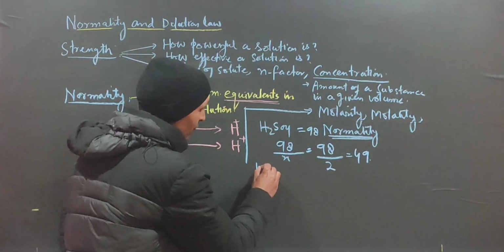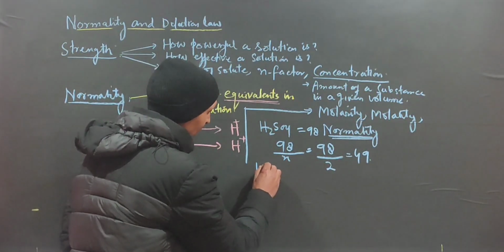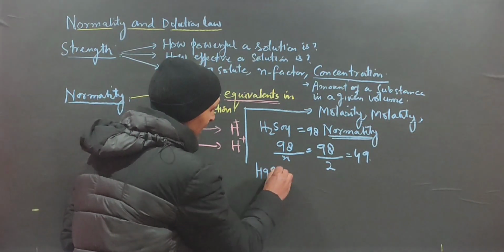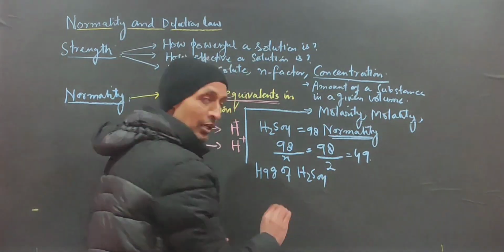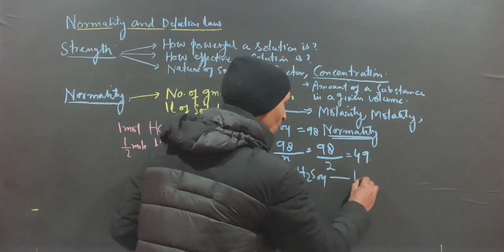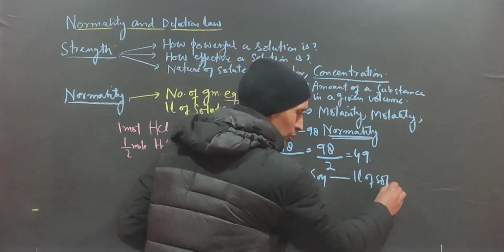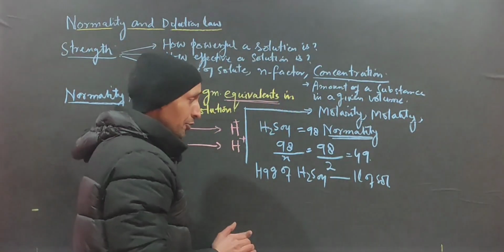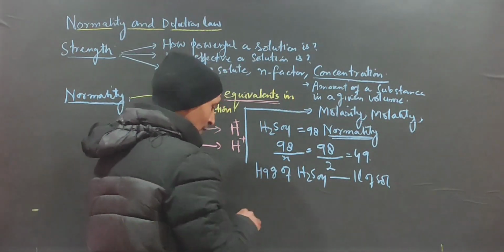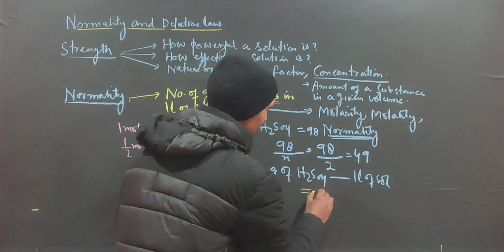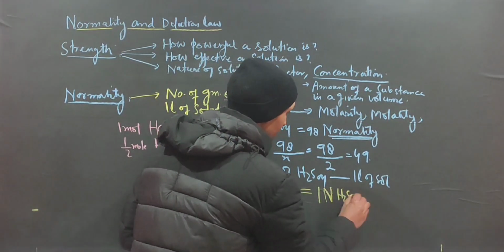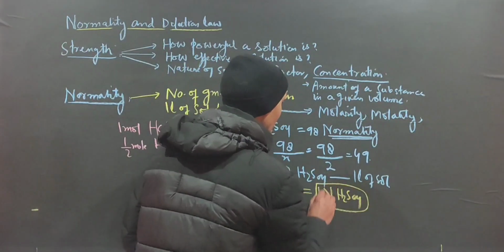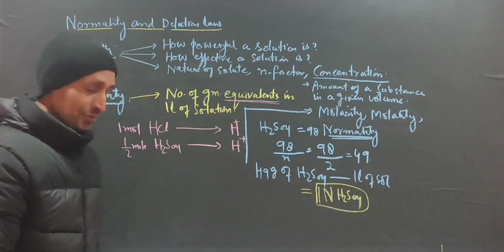Now if I take 49 grams of H2SO4 and dissolve them in 1 liter of solution, it will be a one normal H2SO4 solution. Am I right? So this is how we prepare one normal solution.